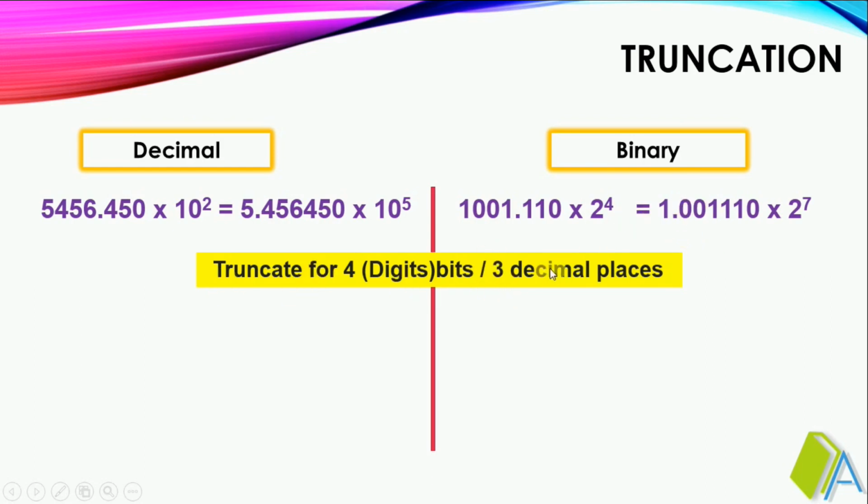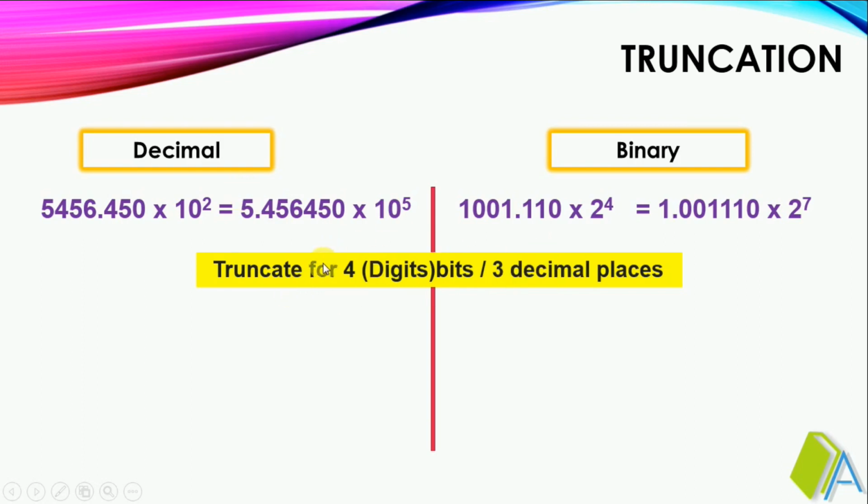Both questions are of the same kind. Sometimes they may ask you to truncate to 4 binary digits or 4 bits, or 3 decimal points. In both cases it is the same.